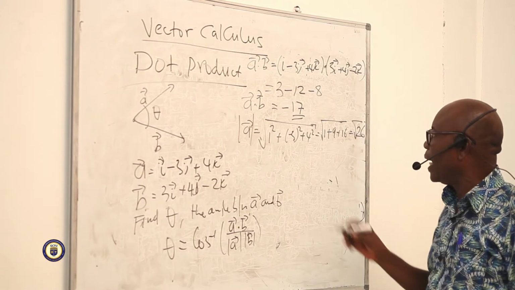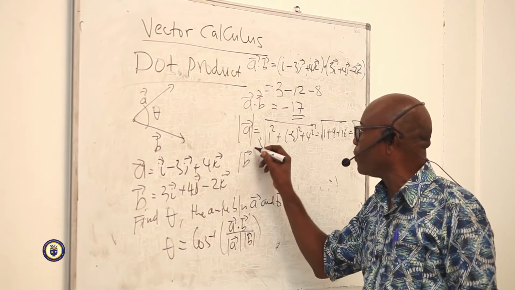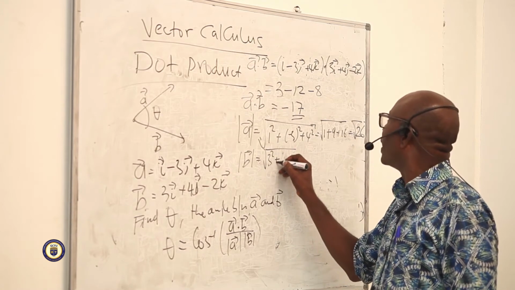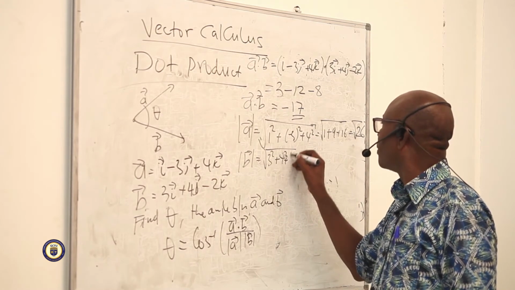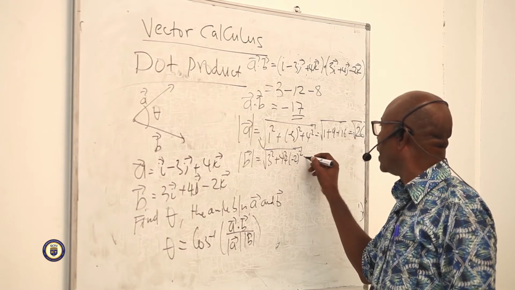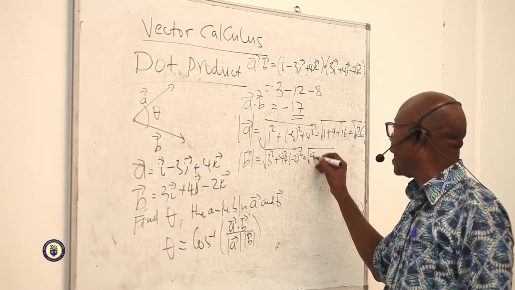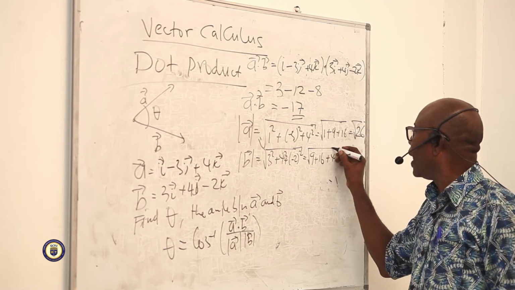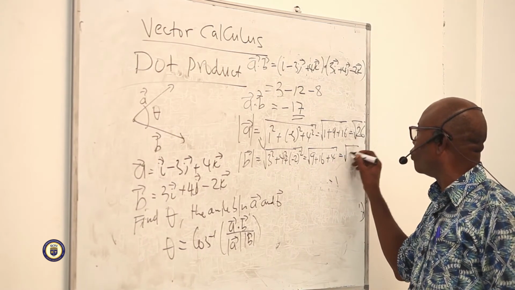And then the magnitude of B will give the square root of 3 squared plus 4 squared plus minus 2 all squared. That will give the square root of 9 plus 16 plus 4, and that will give the square root of 29.